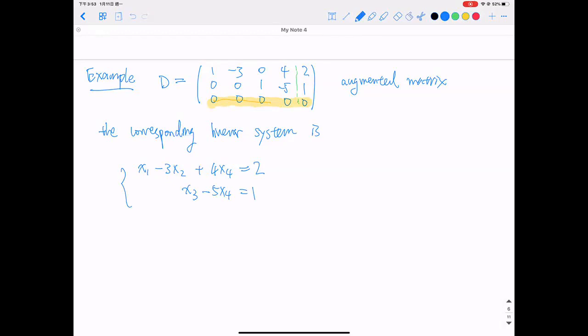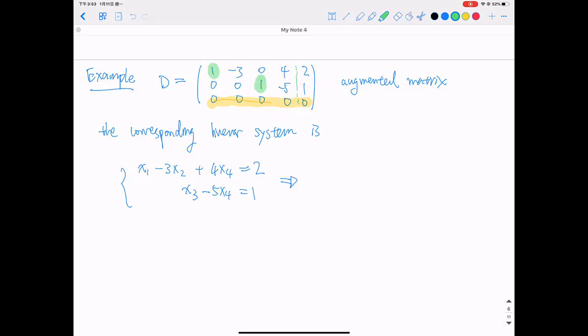Now, how are we supposed to solve for this? You can do the following. Going back a little bit to the augmented matrix, here you have the first non-zero entry, and here you have the first non-zero entry.